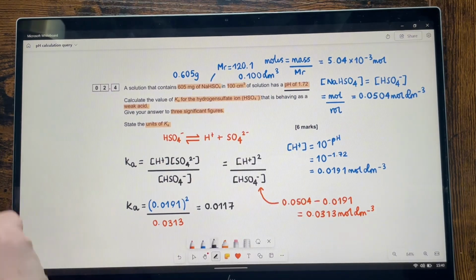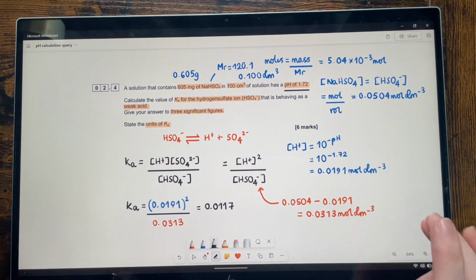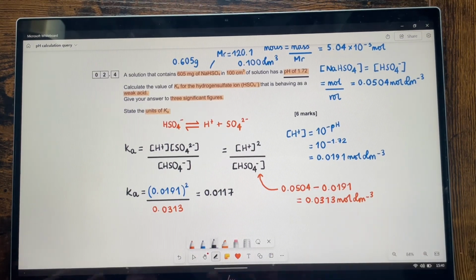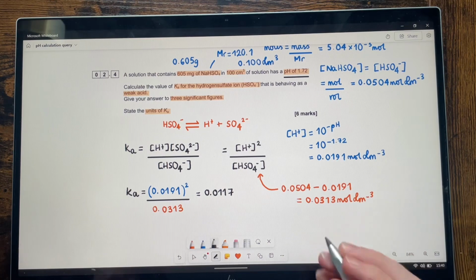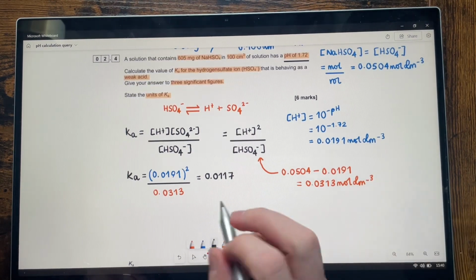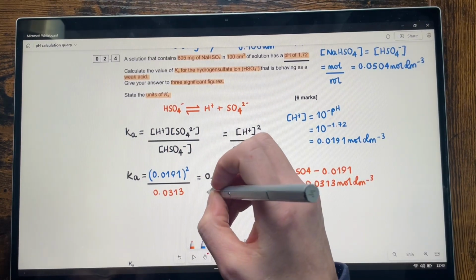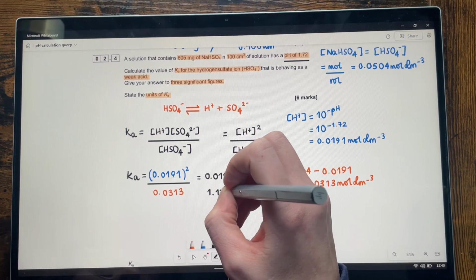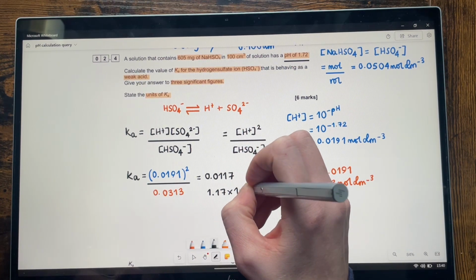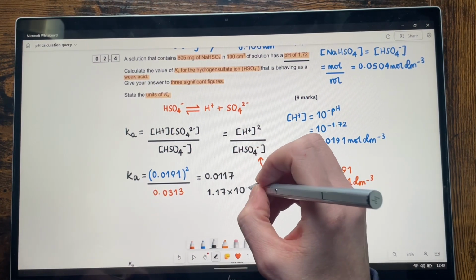Again, remembering about our 3 significant figures, I get 0.011655, so I'm going to round that to 0.0117. And that might not mean very much to us because we're so used to seeing Ka values as standard form. So if we were to write it as standard form, it would be 1.17 times 10 to the minus 2.